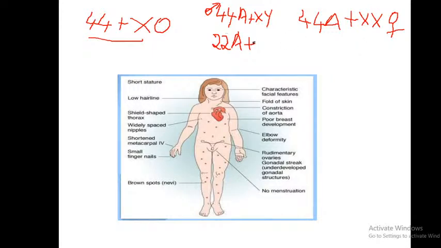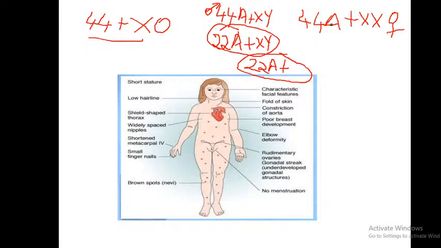And if non-disjunction is happening, one gamete will be having this X and another gamete will be having 22 autosomes plus 0, missing the X or Y chromosome.